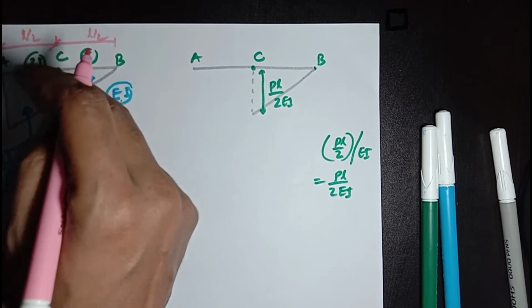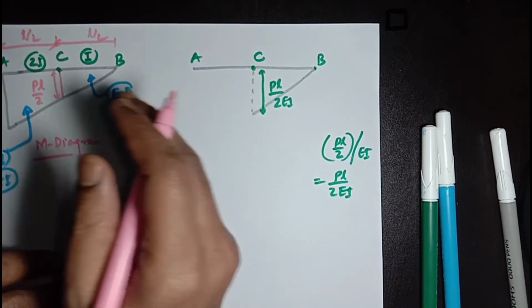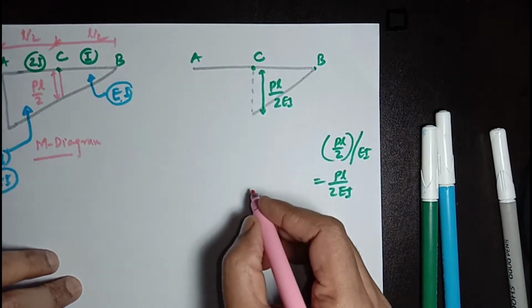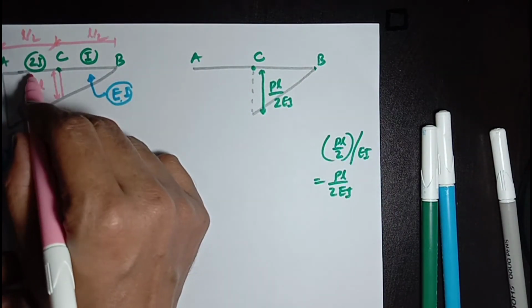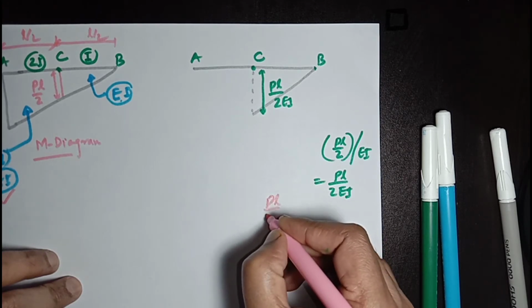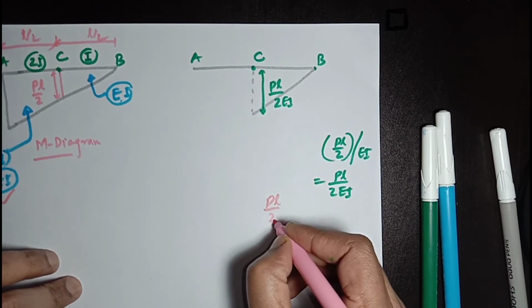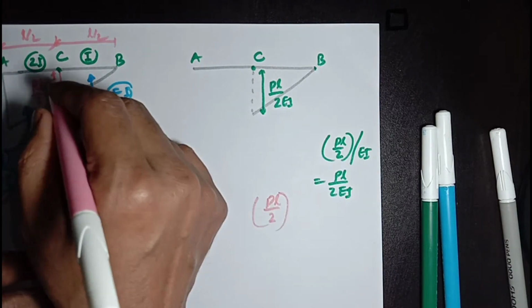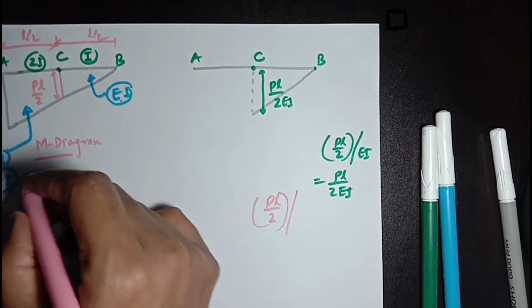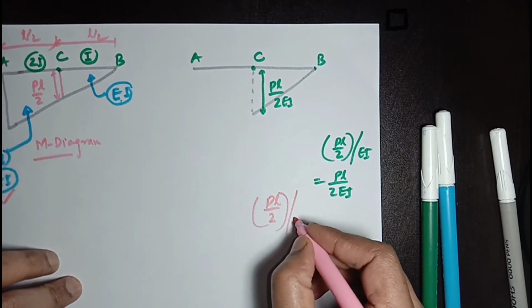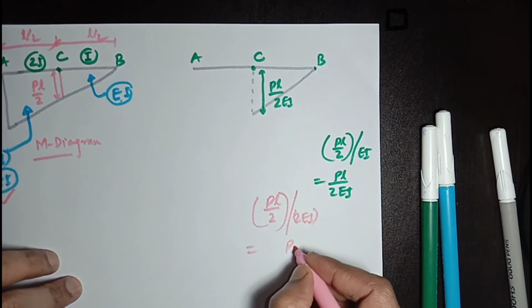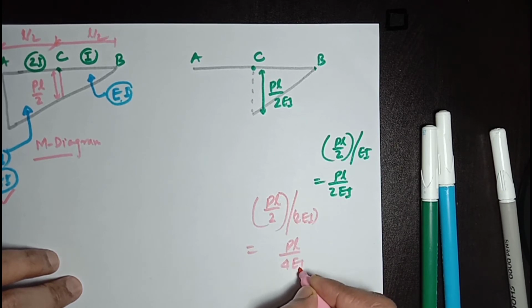Taking the left of point C, it will be divided by the flexural rigidity twice EI. So PL divided by 2 is the bending moment at point C, divided by flexural rigidity twice EI, which gives PL divided by 4EI.